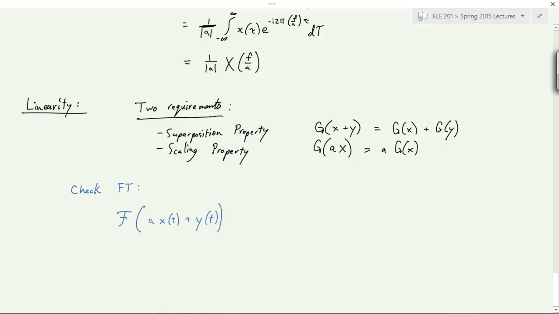Now this checks both properties at once, the scaling and the superposition. We want to check that this equals a times the Fourier transform of x plus the Fourier transform of y. This is going to be pretty clear because we know that integrals are linear. So this is a x of t plus y of t plugged into the Fourier transform equation, e to the negative i 2 pi f t dt. And by linearity of integrals, we get that that's a times the integral of x of t plus the integral of y of t.